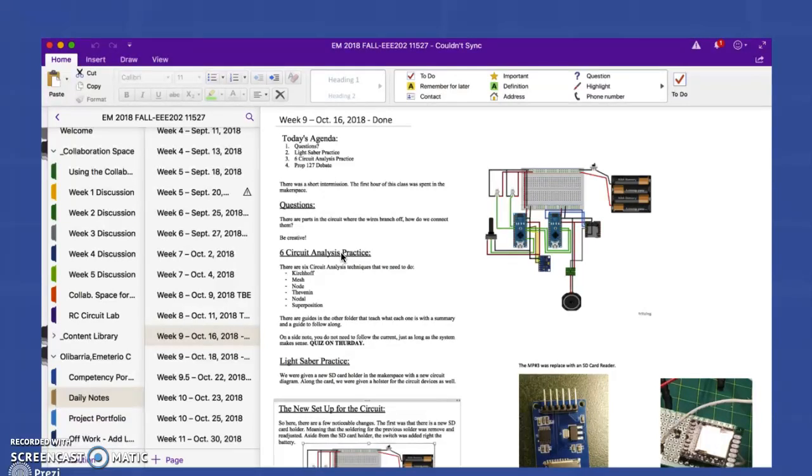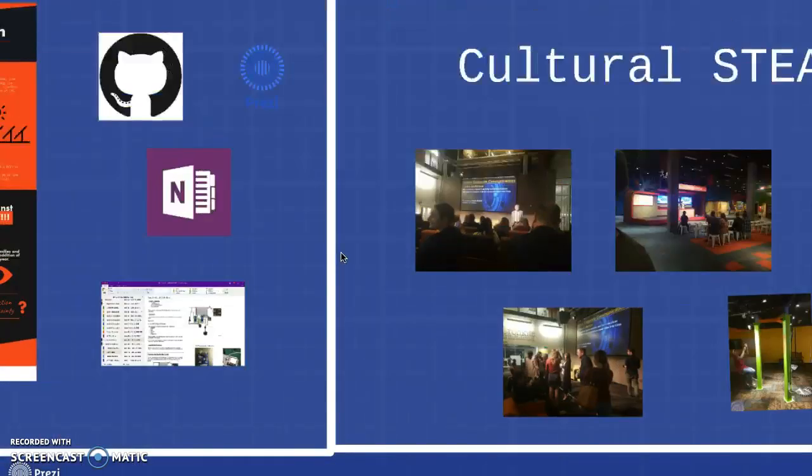I'm actually considering using OneNote for my future classes, and it's one way I was able to remain organized.